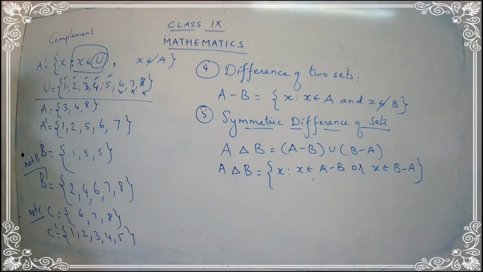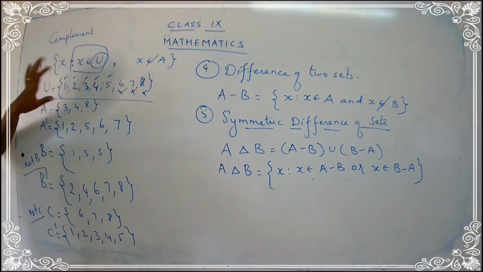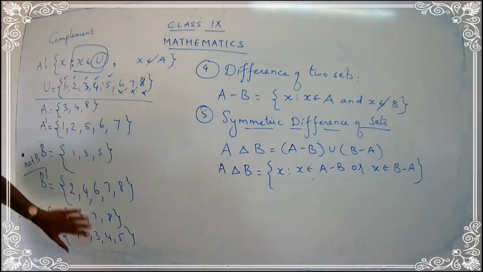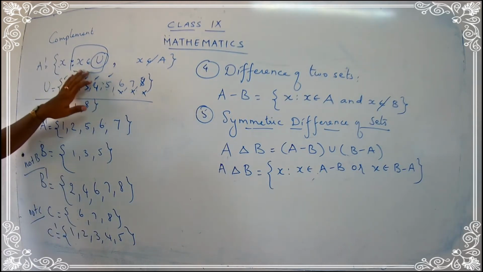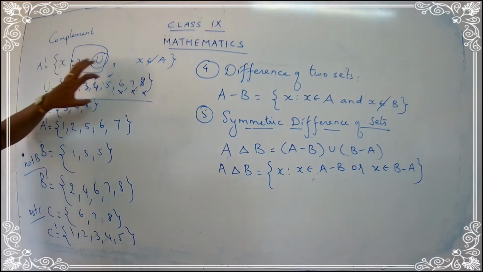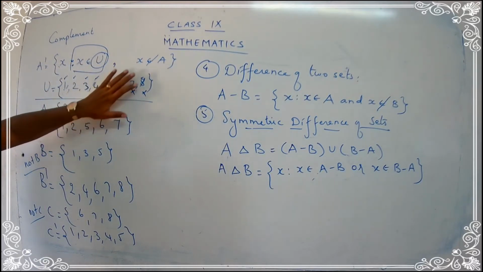I hope you are clear with the complement, children. Good. So shall we proceed to the next operation? So what is the rule for complement? A dash is x such that you are going to write the value for x from U, that is from the universal set. A universal set will be given to you.